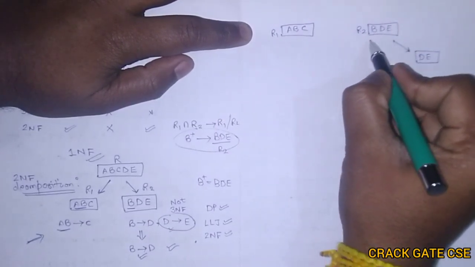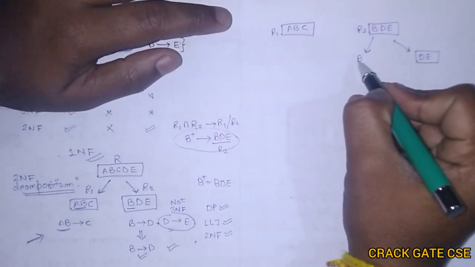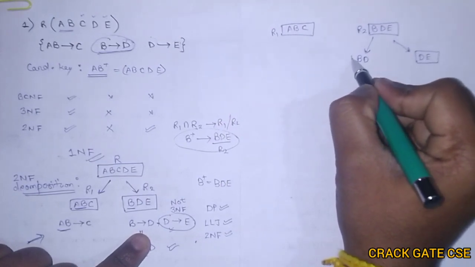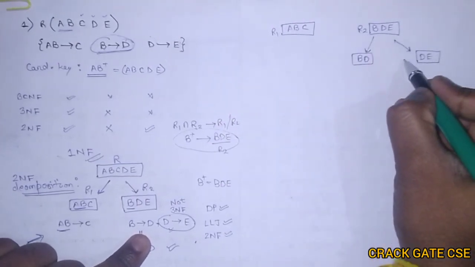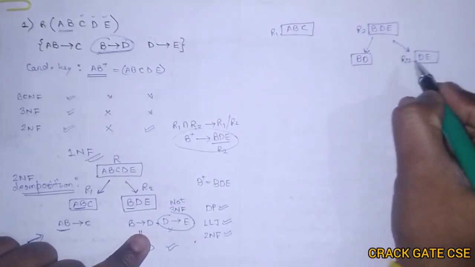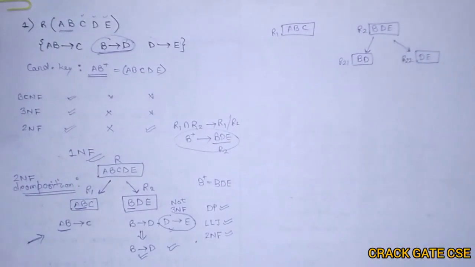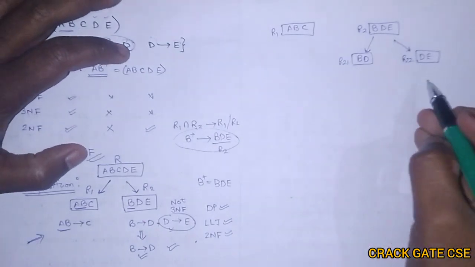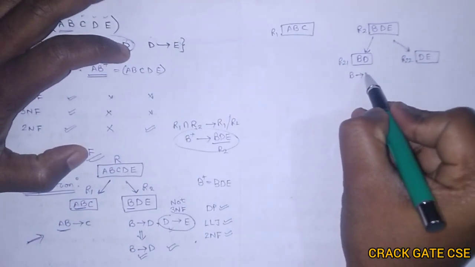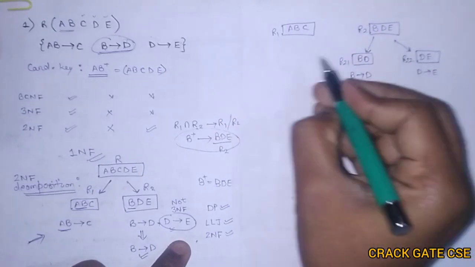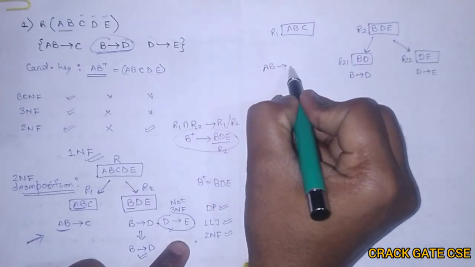But if I take B, and we know that B derives D, that means we need to take B, D together. So this is R2, I am just renaming it for easy understanding. So you can see that now B to D can come under this, D to E can come under this, and AB to C can come under this.